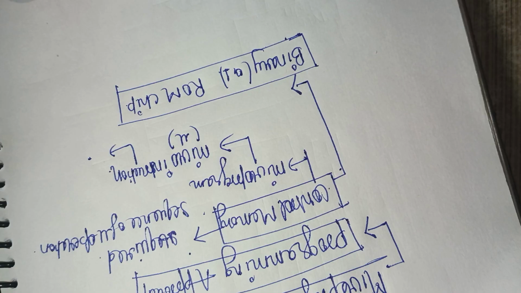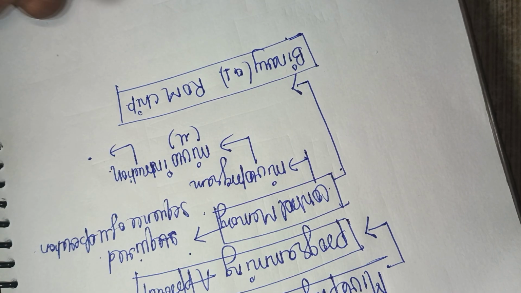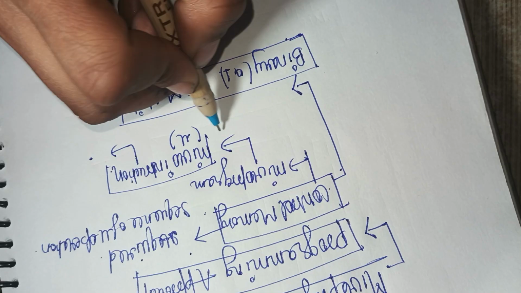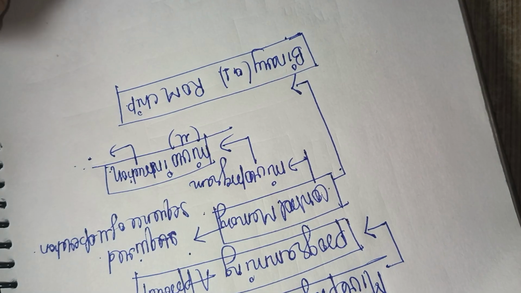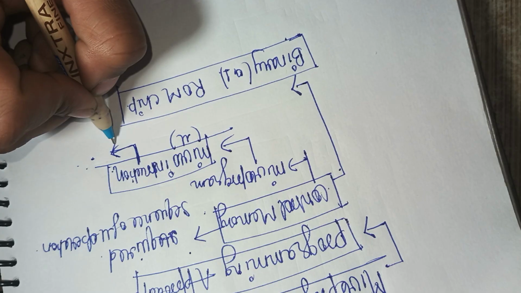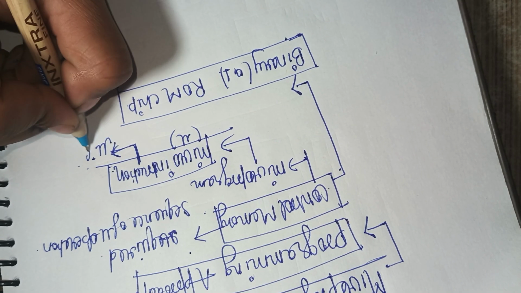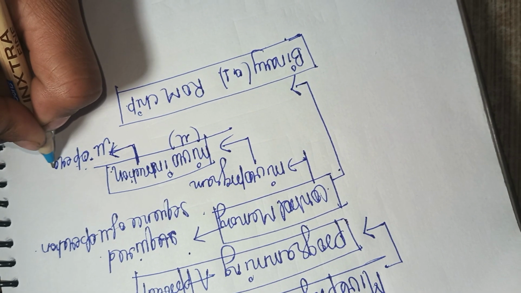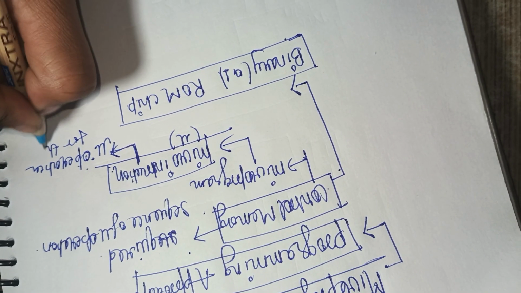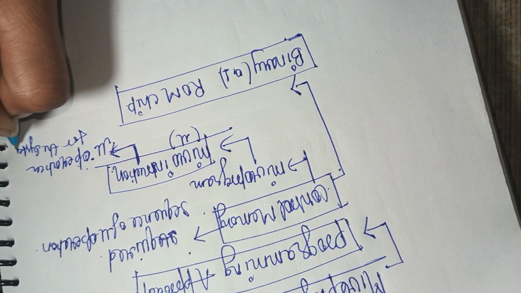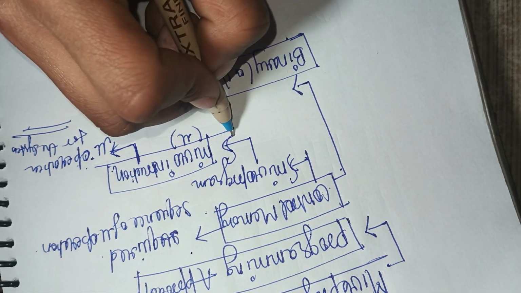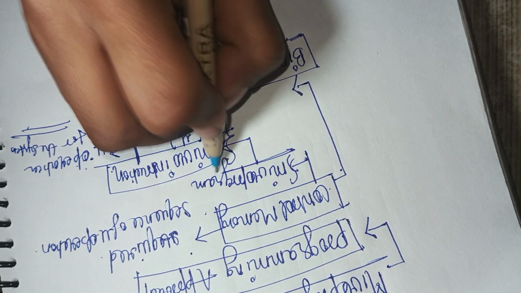Each control word in a control memory contains a micro instruction, and each micro instruction specifies one or more micro operations for the system, and the collection of micro instructions is called the microprogram.